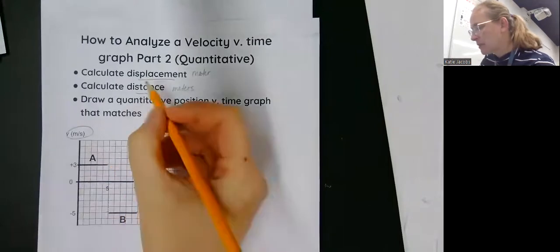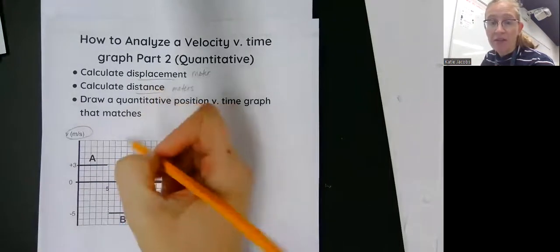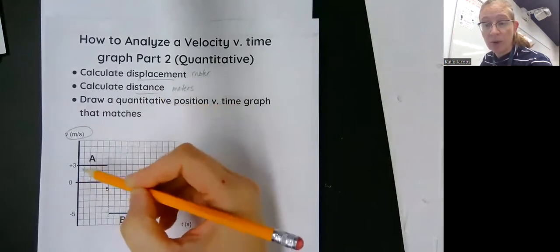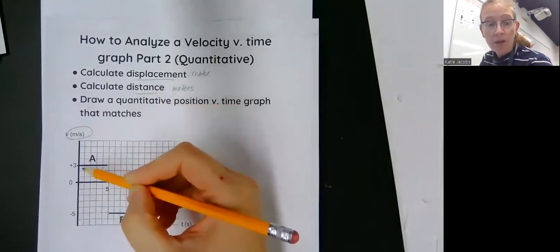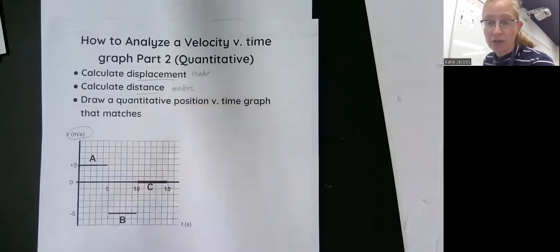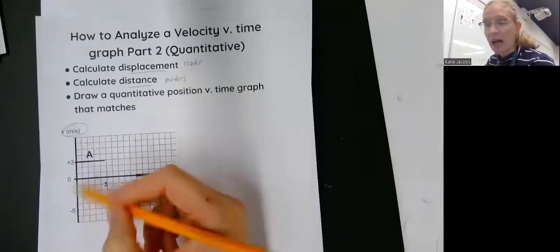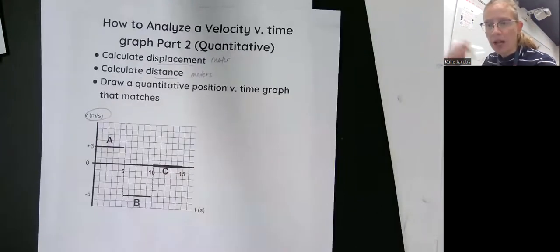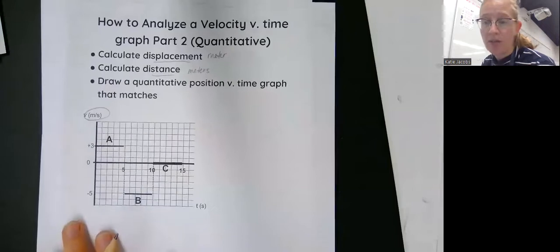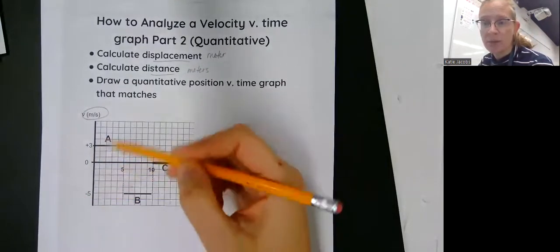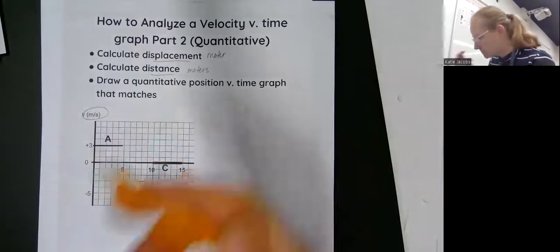Sometimes people are tempted on a velocity graph to find displacement and distance simply by subtracting things from the y-axis, like 3 minus -5 would give you +8, or -5 minus 3 would give you -8. But these are not meters. I can subtract meters on a position graph, but on a velocity graph I cannot just subtract these, because these aren't positions, these are velocities.